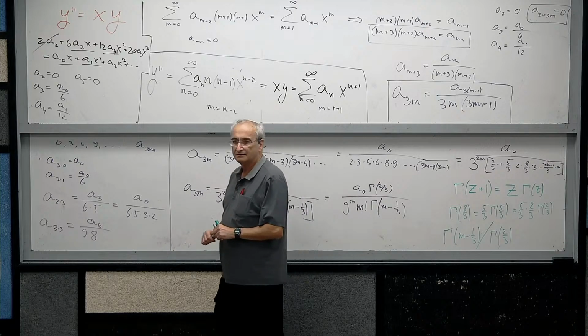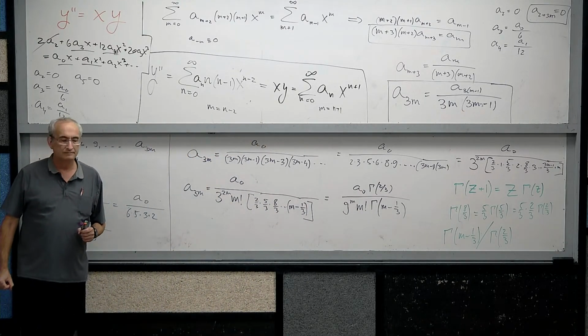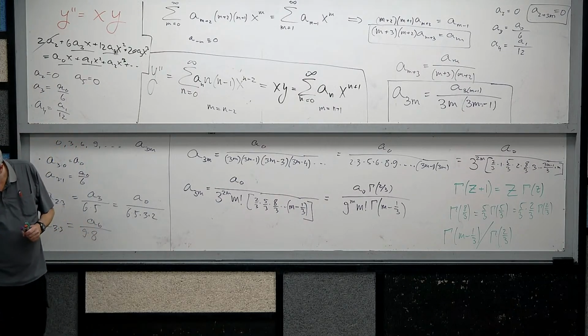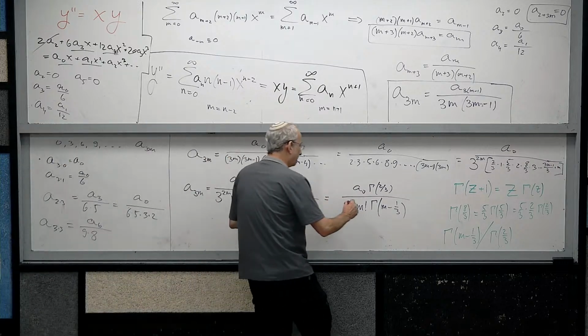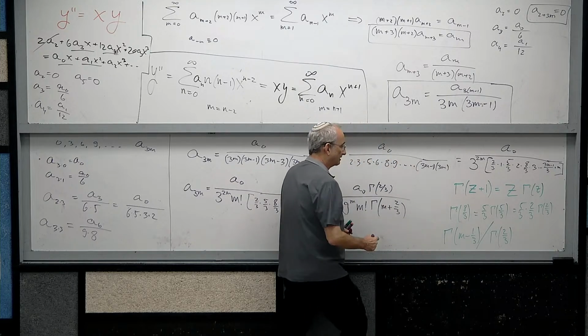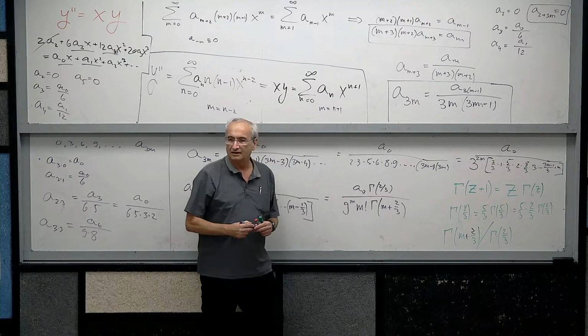That's the final answer. Won't it be gamma of m minus 1/3 plus 1? Doesn't it need to be? Yes, you're right. This will be gamma of m plus 2/3. Exactly. Thank you.